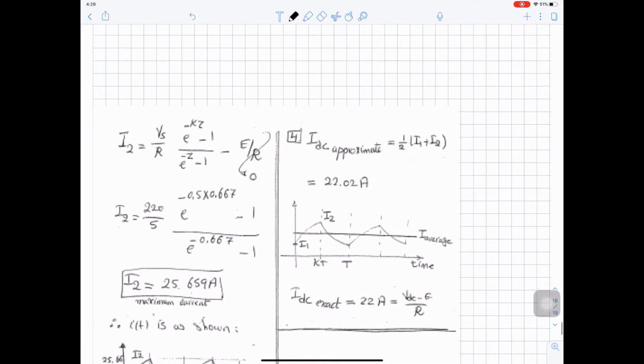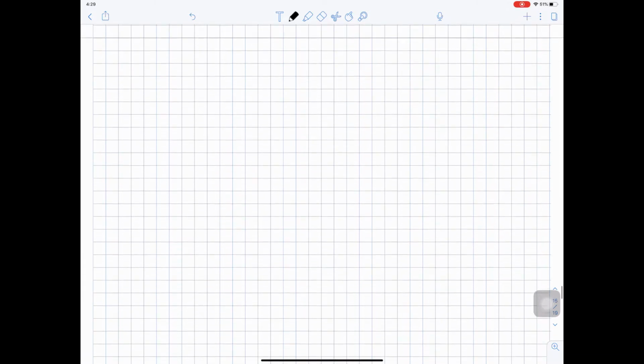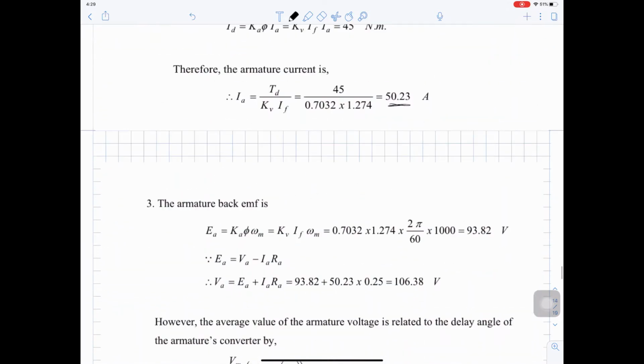So I1 will equal to, let's bring the value here. I will bring it from here.